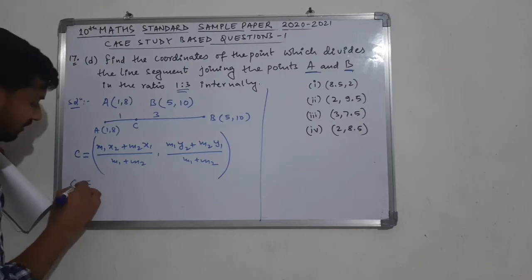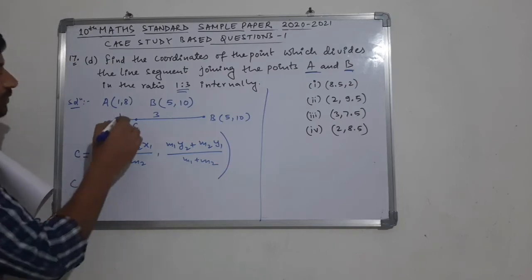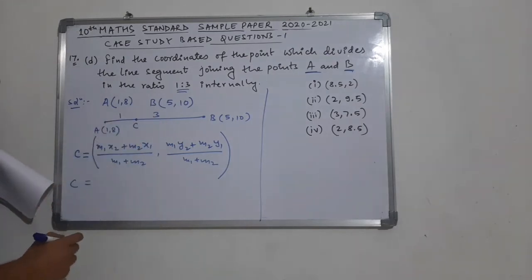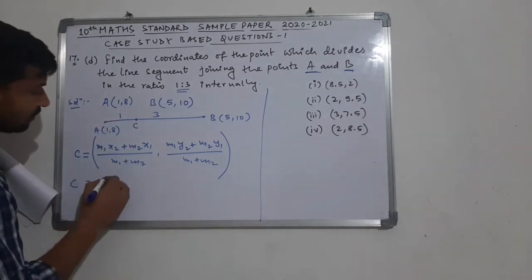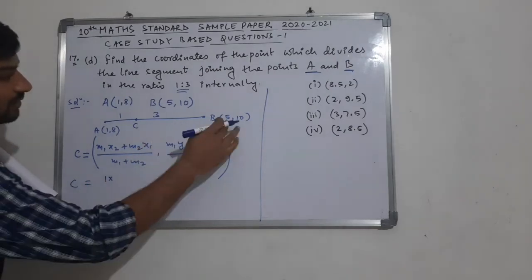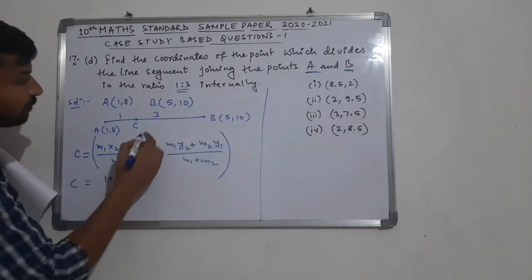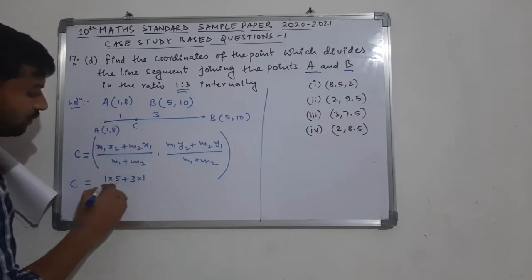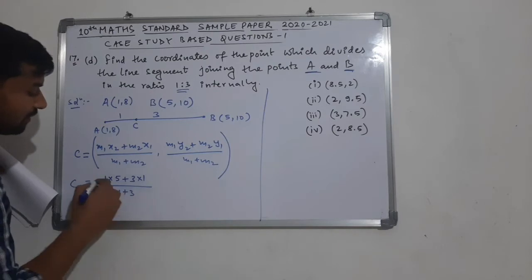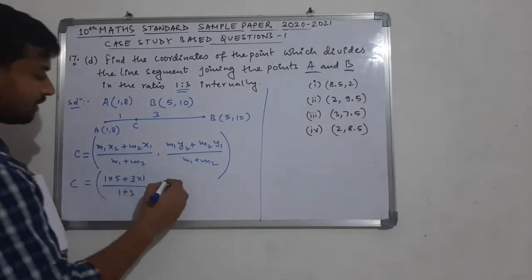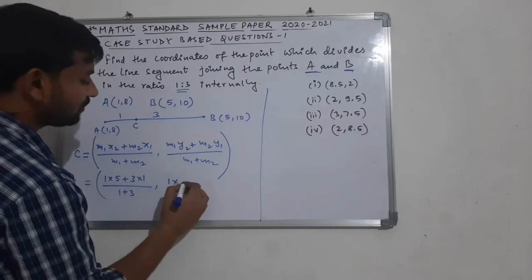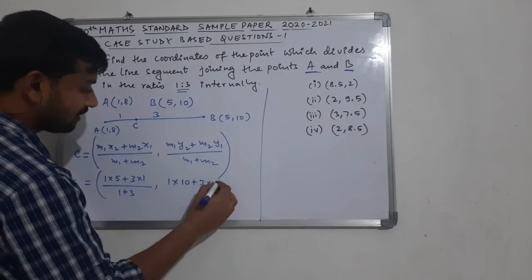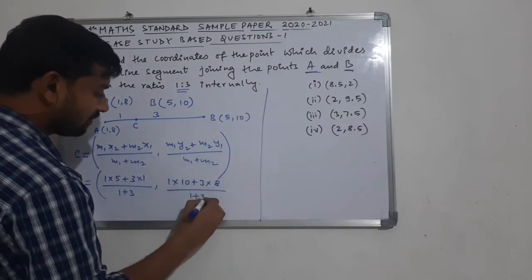Let us substitute the values here. The ratio is 1:3, so m1 is 1 and m2 is 3. So m1 is 1 into x2 which is 5 plus m2 which is 3 into x1 which is 1, upon 1 plus 3, comma, here m1 is 1 into y2 which is 10 plus 3 into y1 which is 8, upon 1 plus 3.